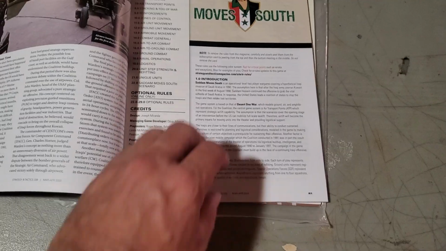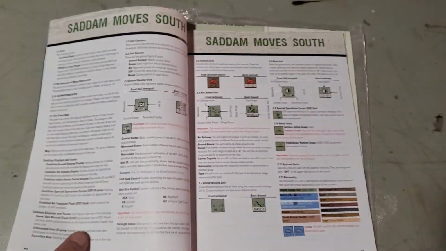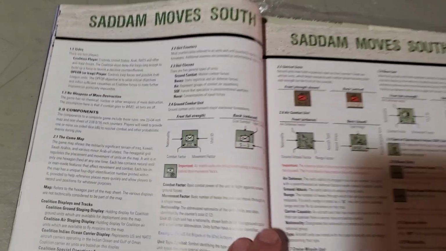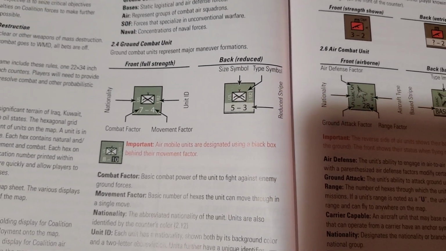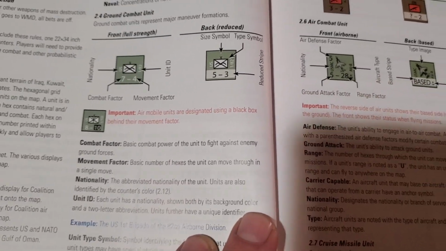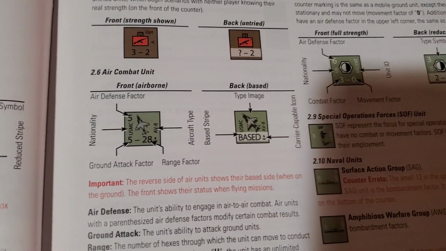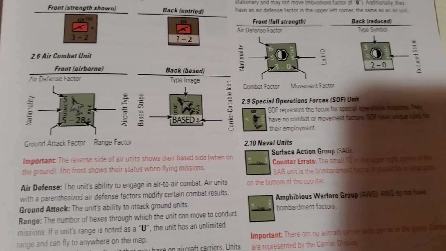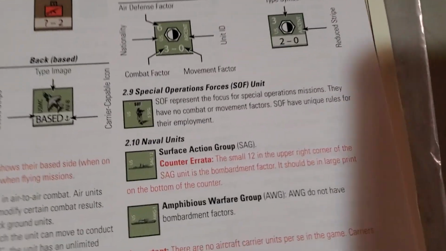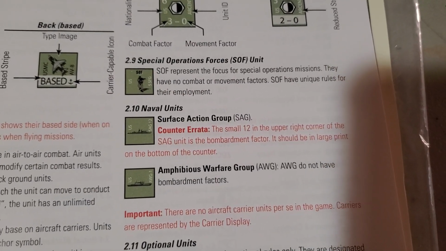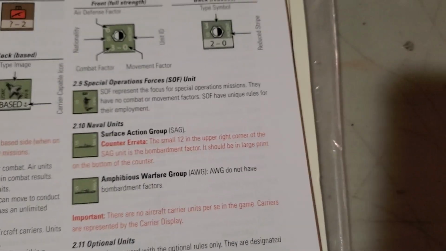Let's go over the game scale, the units, the breakdown of what all the numbers are. Unit types. Here we have some air, base units, special operations, different naval units.